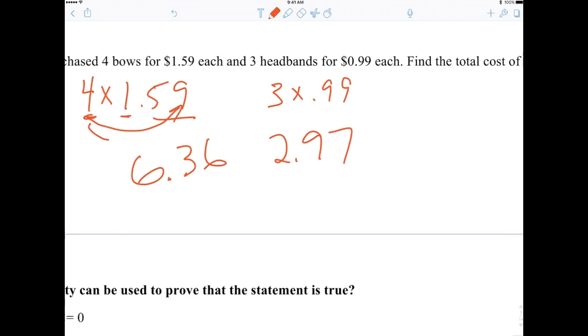Now, stop. We're still not done with mental math. I've got it up on the board for you, and you can write it out in a minute. Now we're going to add that together. $2.97 is really close to $3, right? So if I add $3 to $6.36, that would be $9.36, correct?